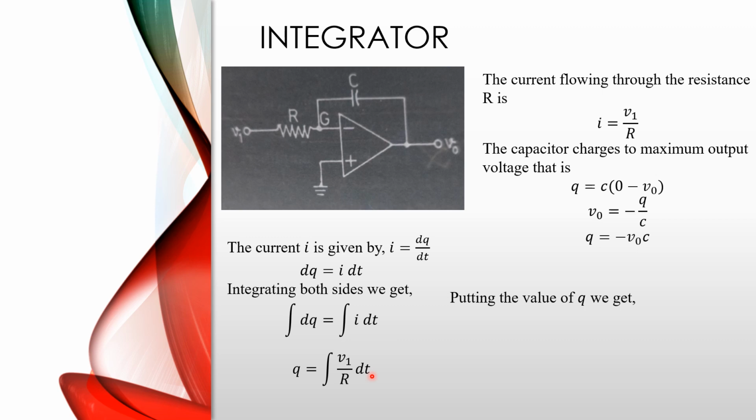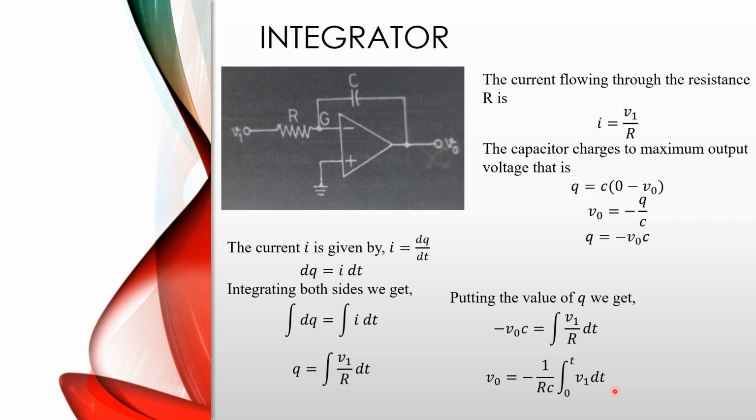So putting the value of q, we get q equal to minus V0C. So here we write minus V0C equal to integration V1 by R dt. So what is the value of V0? V0 equal to minus 1 by RC, integration 0 to t V1 dt.